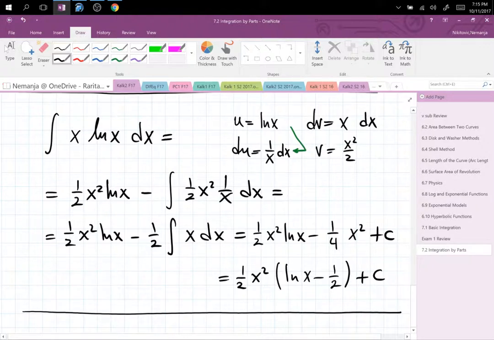When you integrate x, you get x squared over 2, and then you have a half. So that gives us a quarter, right? Beautiful. So we learned that it's not always the case that you choose the polynomial to be u. Sometimes it doesn't work, and then you have to switch things out a bit.